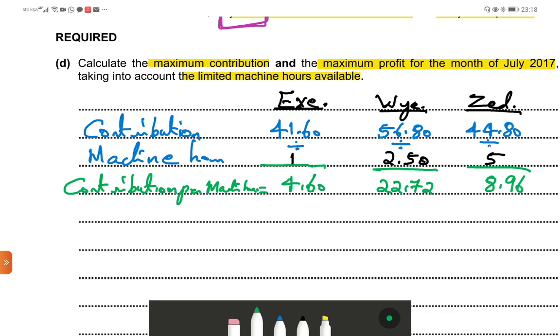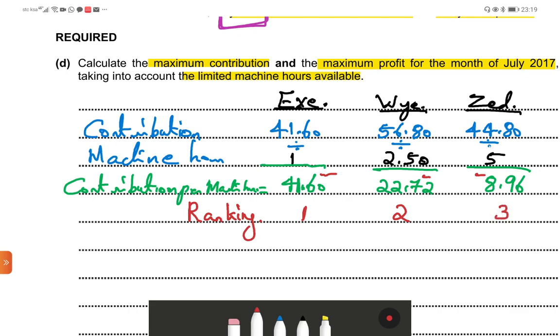So here which is giving more? This is 41.60. So we have to give the ranking here. Ranking: X is more, next Y is second, Z is third. 41.60 is the first, number 1. Then the second highest is 22.72, 2, and Z is 3.